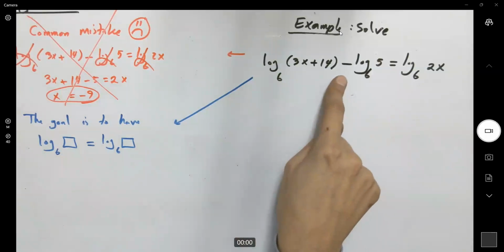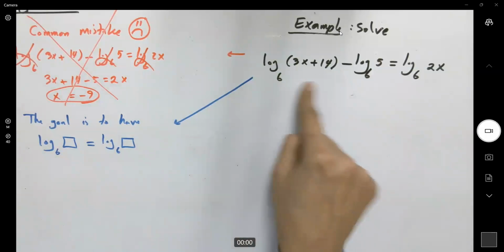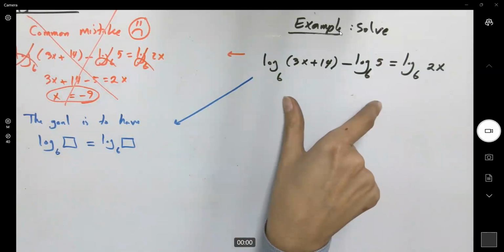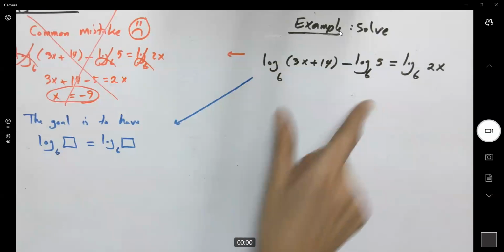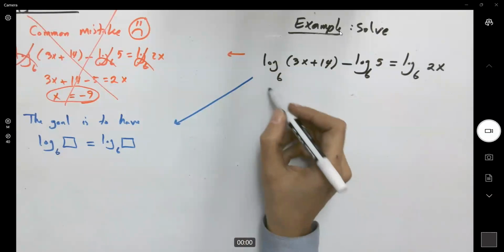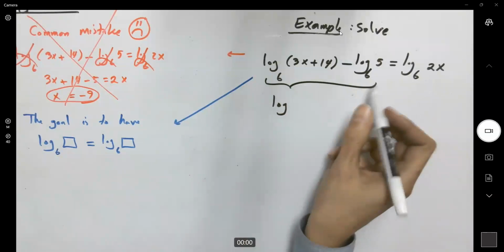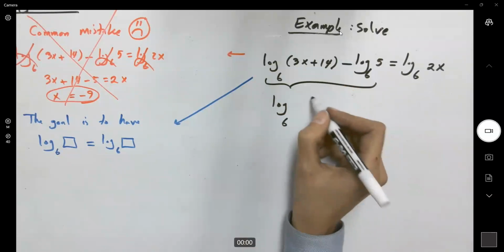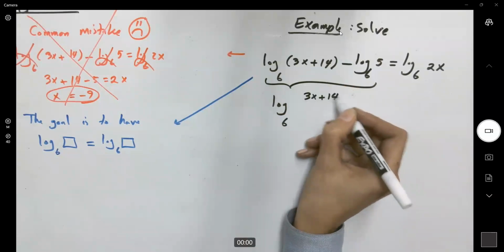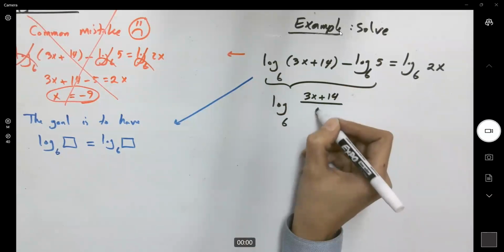Okay, so what should I do? Remember, subtraction between 2 logs becomes division. So these 2 logs, you can combine them as a log with the same base 6 of the division, 3x plus 14 divided by 5.